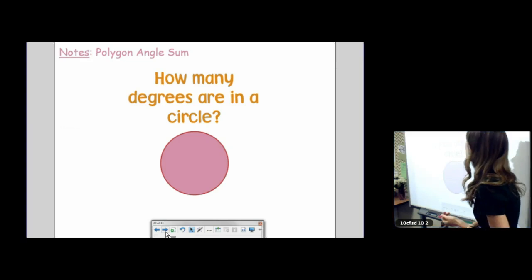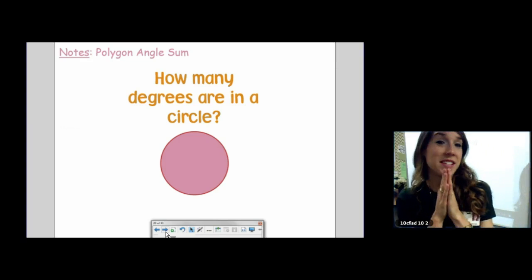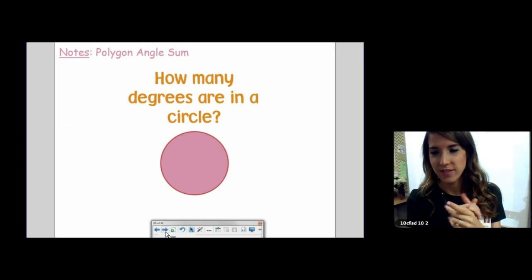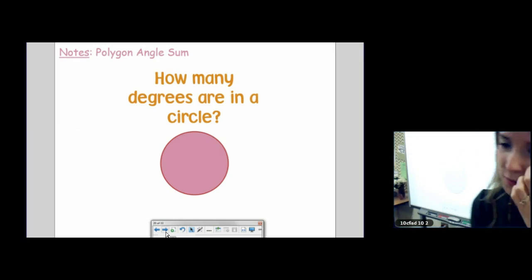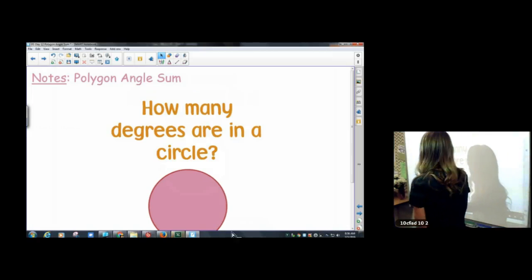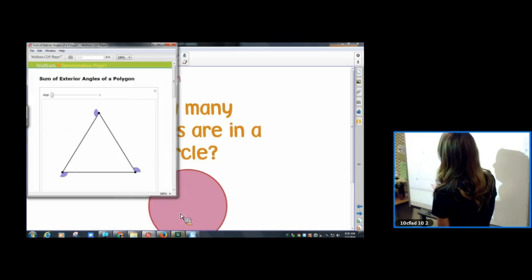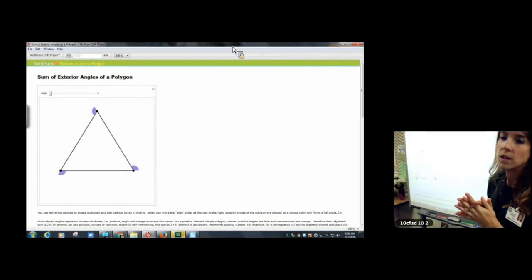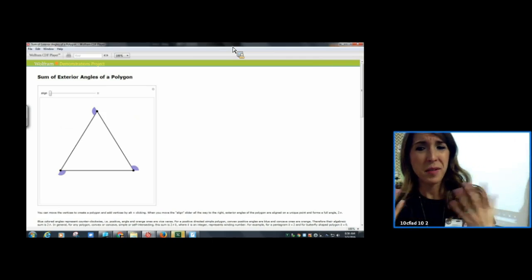All right. In order to discover what the sum of the exterior angles is, we have to know how many degrees are in a circle. Good. There are 360 degrees in a circle. So why is Ms. Tanton asking me this? All right, so I'm going to show you a cool little demonstration. Okay, so I have a triangle right here. It's probably an equilateral triangle.